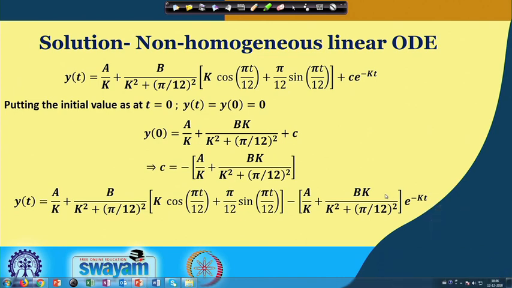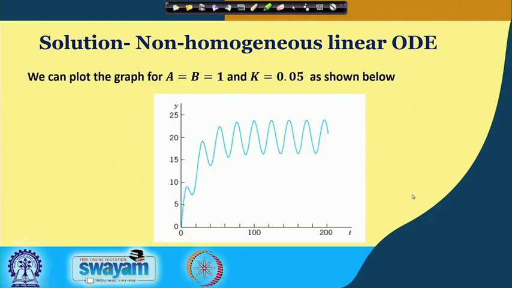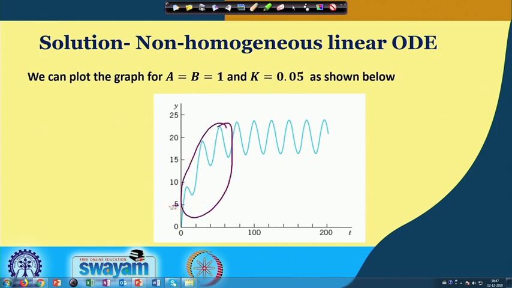And now, with this manipulation, if we take the values of A and B to be 1 and K to be 0.05, we have this typical fluctuation of y with respect to time. Initially this region is giving us the transient, and this is coming from the C e to the power minus t term.